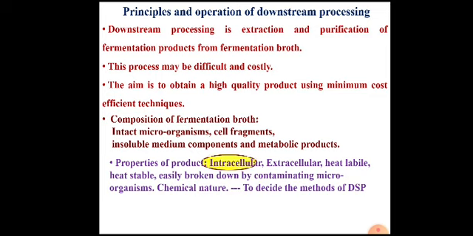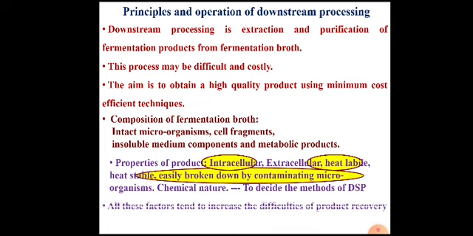So in case of the products which are intracellular, heat labile, and which are easily broken down by microorganisms, these characteristics need special care, and special equipment assistance is required. So these factors tend to increase the difficulties of product recovery, because if it is intracellular, then the additional method of cell lysis has to be employed, so that increases the cost.